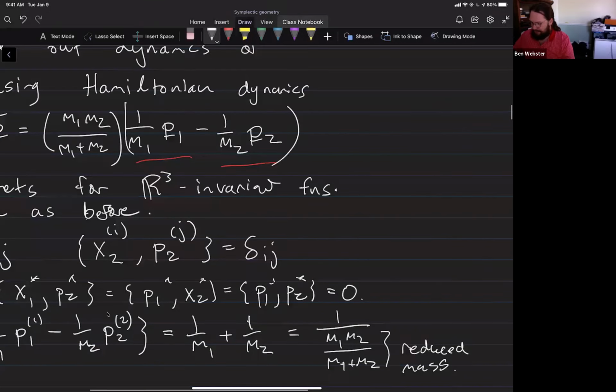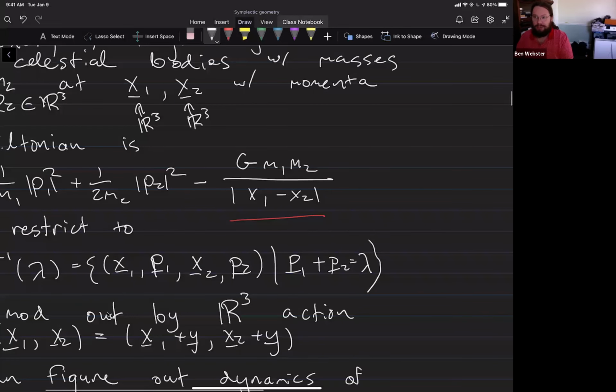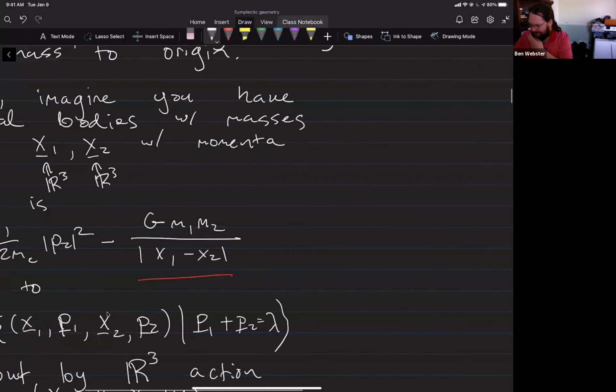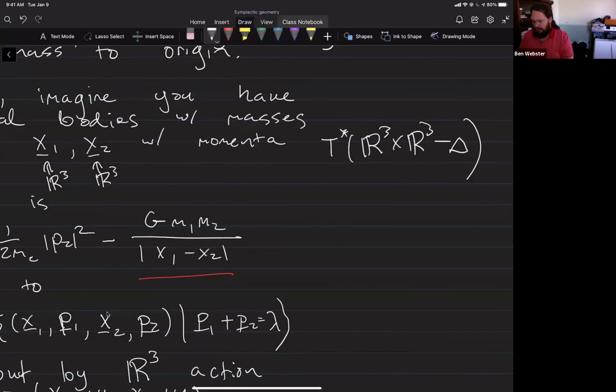If you look, my Hamiltonian function blows up when x1 equals x2. So yes, I should be saying T star of R3 times R3 minus the diagonal, and then the reduced space is T star of R3 minus the origin.